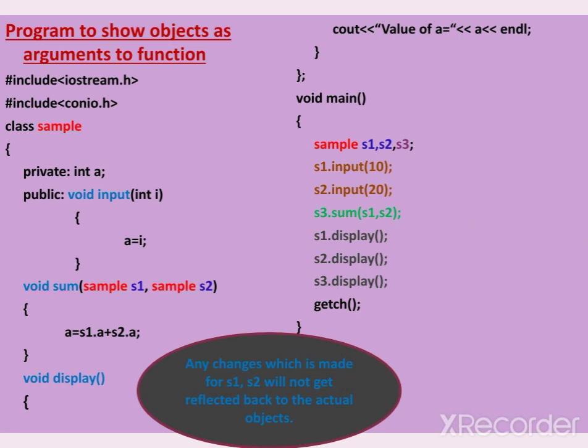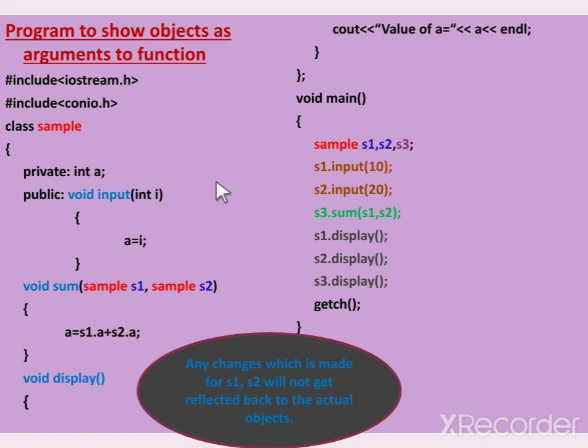Control will be directly transferred from here to the input function, void input of int I. I am directly passing the value 10 for input.